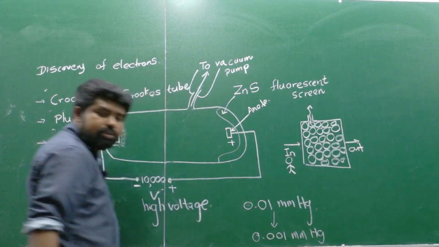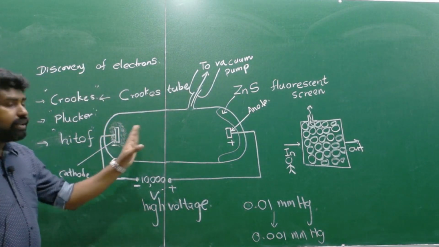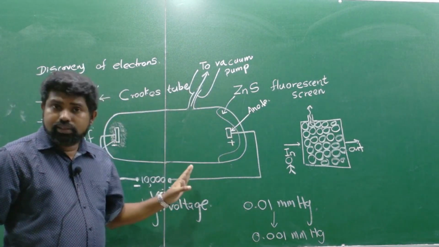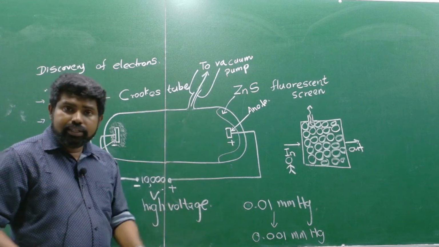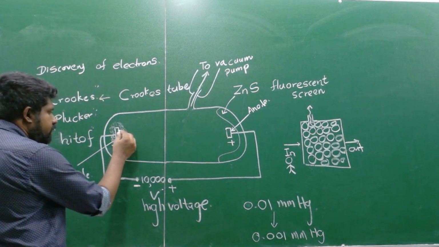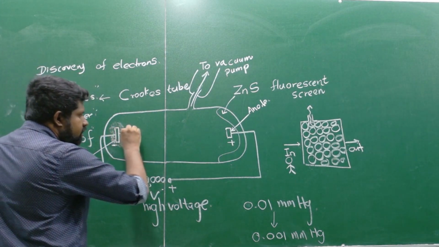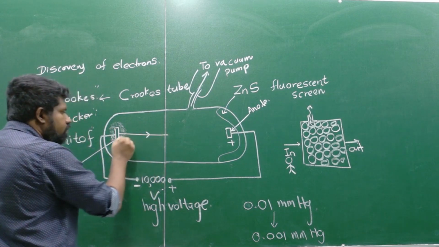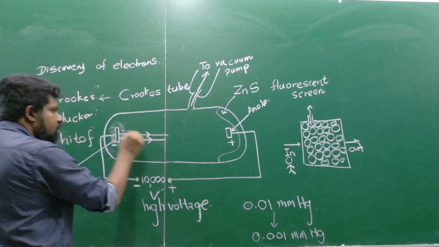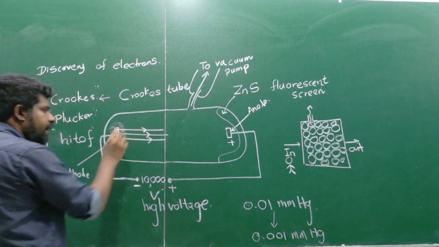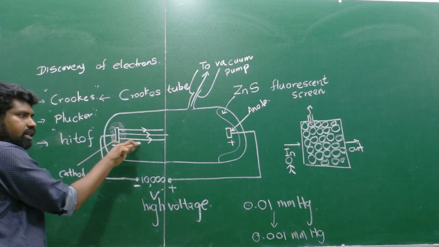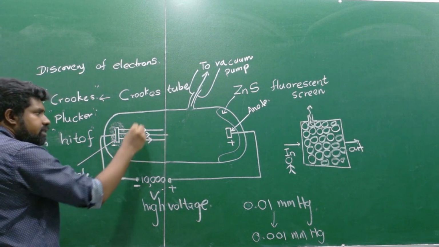Then the whole tube became dark, like black, and they observed a type of radiation originating from the cathode and traveling towards the anode.